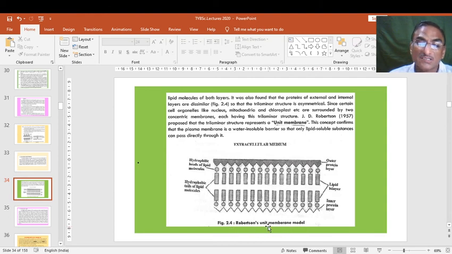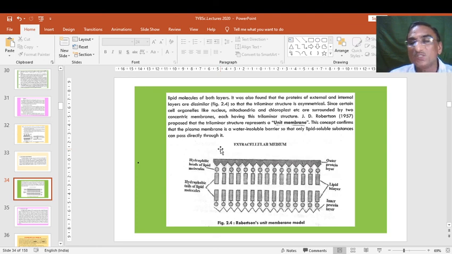So Robertson's unit membrane model shows that, like the sandwich model, there are outer protein materials and inner lipid materials on the strands, or we can say a central line. So this is about the extracellular and intracellular cell membrane, then the cell organelles, the structure and function of the organelles, and all this about today's membranes and cytoplasm.